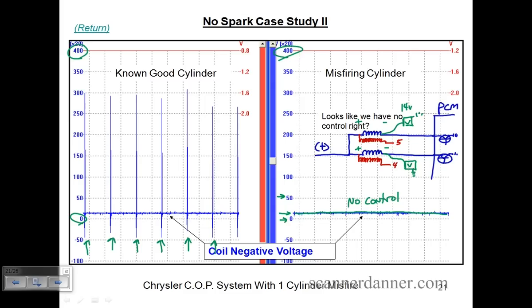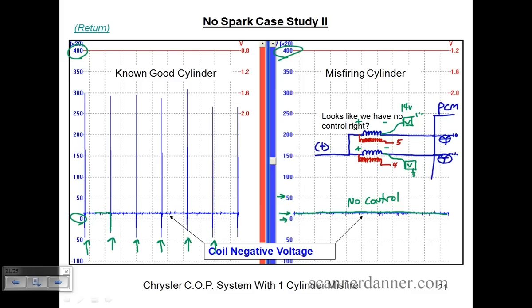Would the test light flicker on this cylinder? You're saying yes. Why would you say that? What makes the test light flicker? What makes the test light flicker is when this coil gets grounded, the test light will momentarily go out because we're connected to ground.